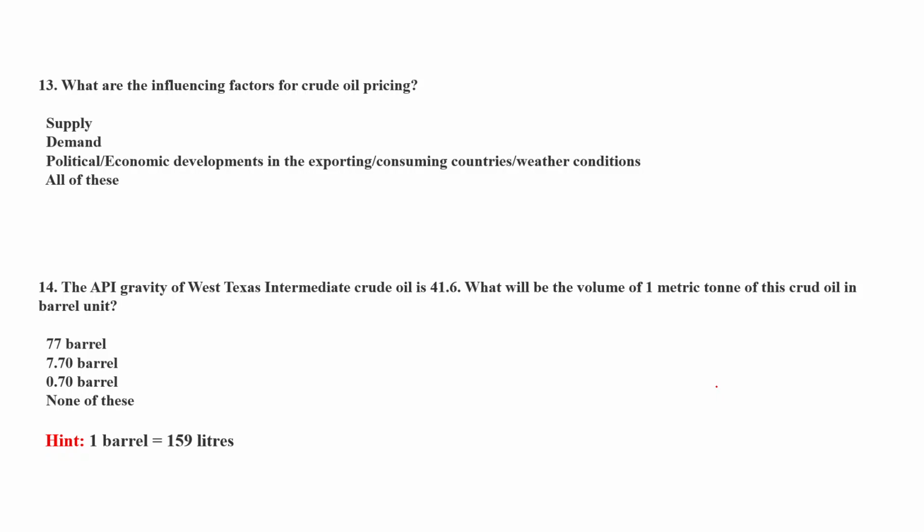Now coming on to one other numerical: the API gravity of West Texas Intermediate crude oil is 41.6. So API gravity is given as 41.6. What will be the volume of 1 metric ton of this crude oil in barrel units? And the hint is given: one barrel equals 159 liters.